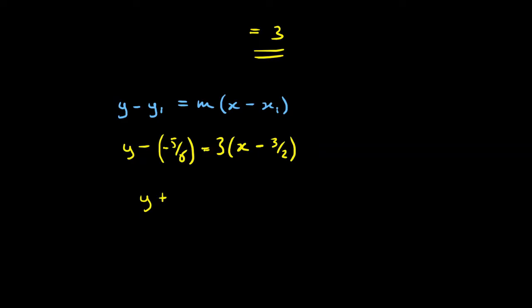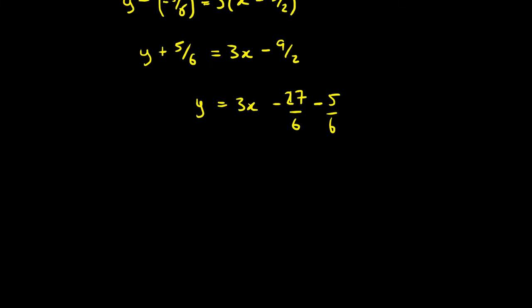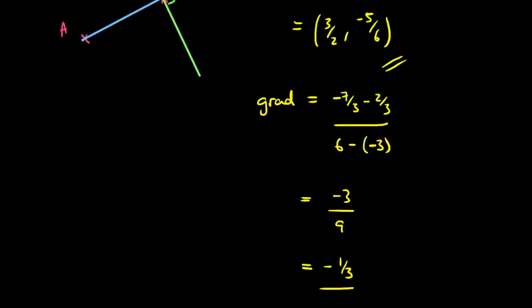So this is y plus 5/6 is equal to 3(x minus 3/2), so y is equal to 3x minus 9/2. I'm going to change that into 6ths, so minus 27/6, minus 5/6, like that. And that's equal, therefore, to 3x minus 32/6. Okay, so that's the equation of the perpendicular bisector.